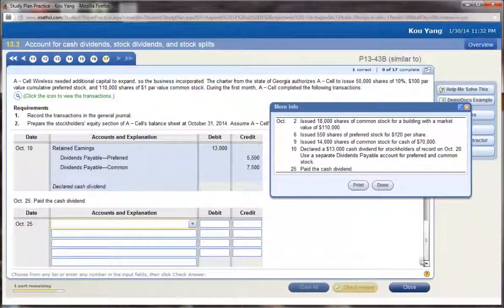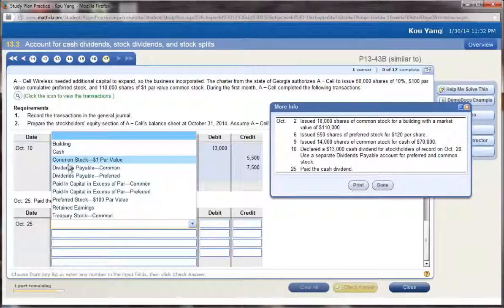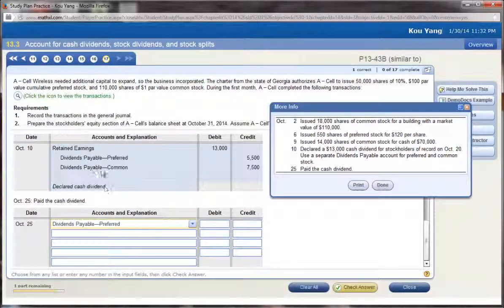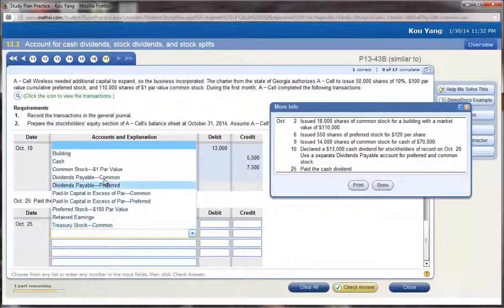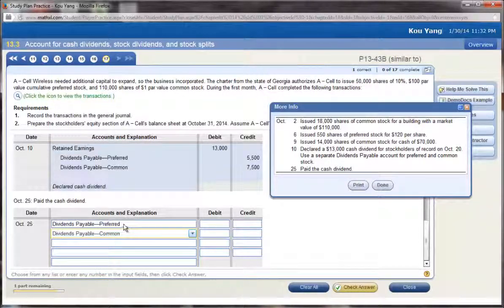And the next one. On the 25th, then we actually paid the cash dividend. So on the date of declaration, we created a dividend payable account, which is a liability. We put that aside from retained earnings. So on the date of payment, we are going to reduce those liability accounts that we created. So I have to reduce dividend payable preferred for that same amount that I declared.